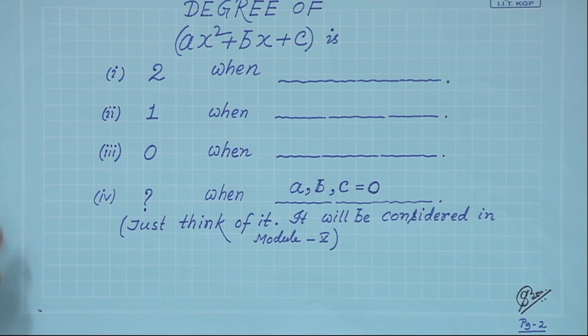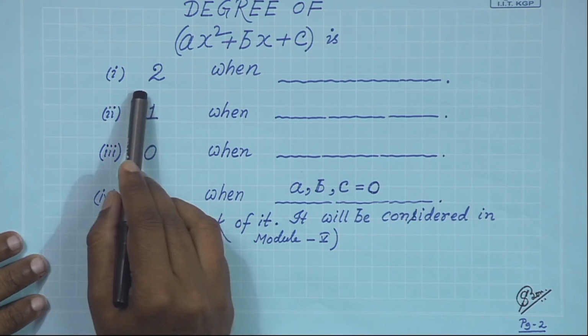Now, we are considering a very simple quadratic polynomial a x square plus b x plus c, where the constants are kept arbitrary. You can choose any value for the constants a, b, c. My question is, tell me the condition for which we can take 2 as the degree of this polynomial.